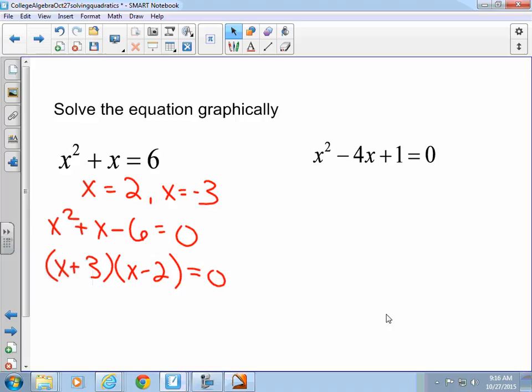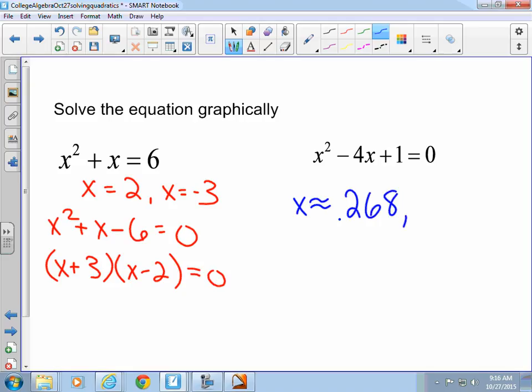So the first one was 0.268, and the other ones? I don't know the third decimal place. Pay attention to what the book says around to if you are doing decimal places.